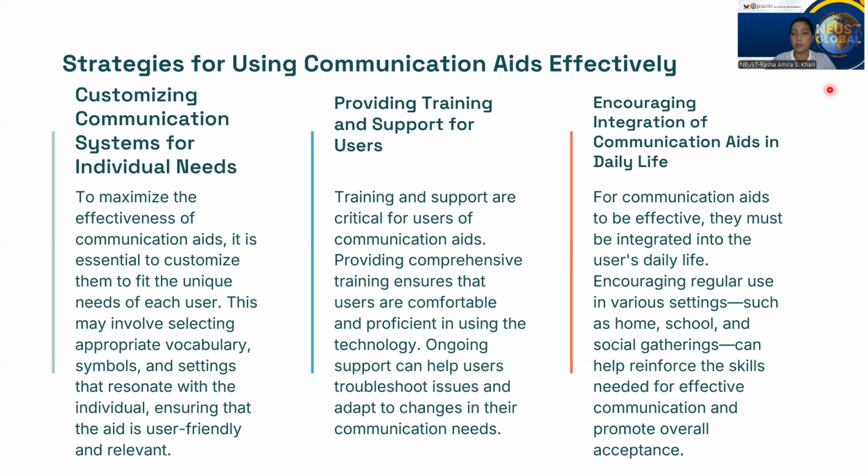For instance, a student with a severe speech impairment due to cerebral palsy uses a speech generating device to communicate. Initially, the device came with a generic set of phrases and symbols, but this girl who has severe speech impairment, her speech therapist worked with her family and teachers to customize it to better suit her specific needs.